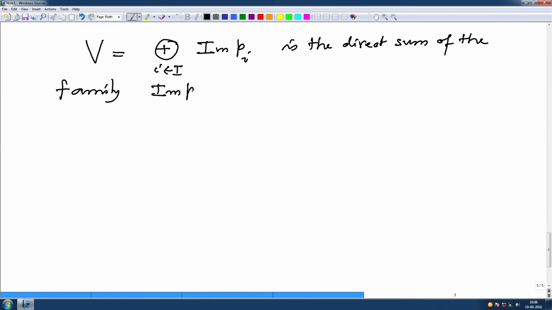These are my Ui's, and the given Pi is the corresponding projection.